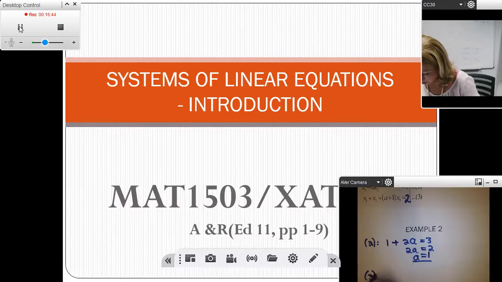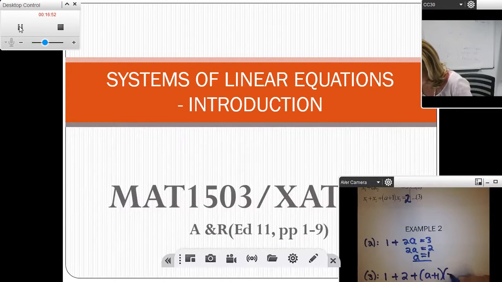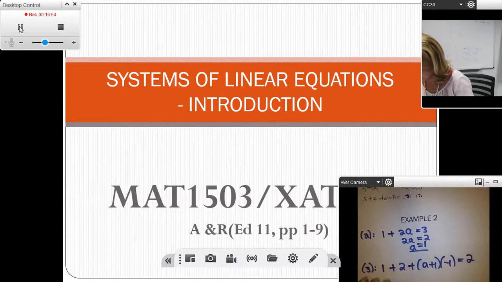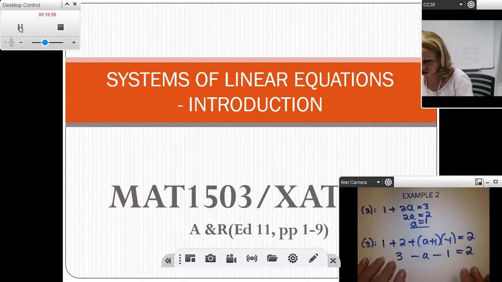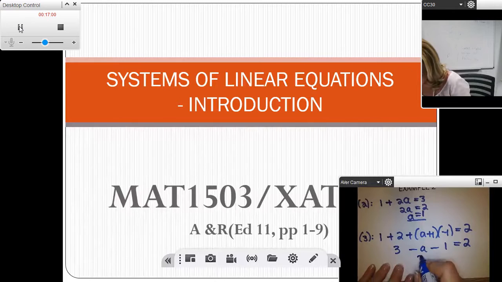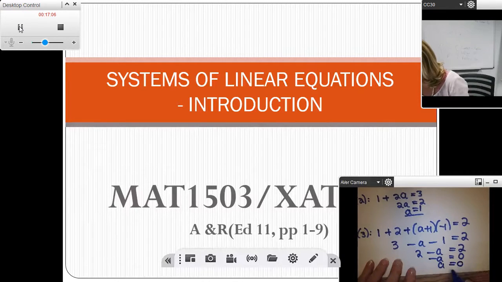Now, look what happens when you test equation 3. You get 1 plus 2 plus A plus 1, negative 1 equals 2, right? So you get 3 minus A minus 1 equals 2. This time, you get 2 minus A equals 2, minus A is 0. This time, you get A equal to 0.